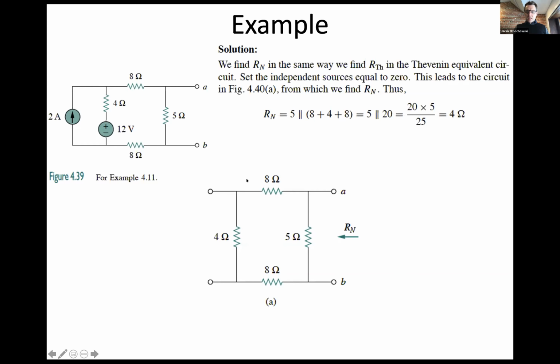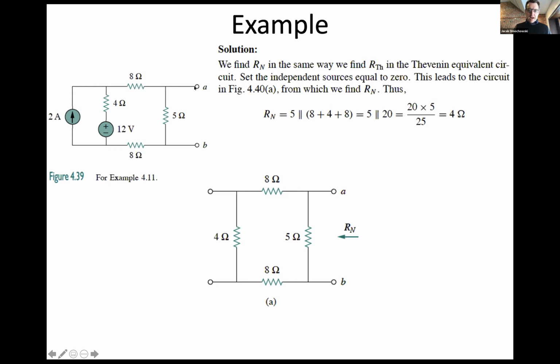Because the intuition behind that is that if you present a current with more than one path, then it effectively has to have less resistance than any one individual path. Okay, so that's the solution for RN. RN is equal to 4 ohms, so we're halfway there.